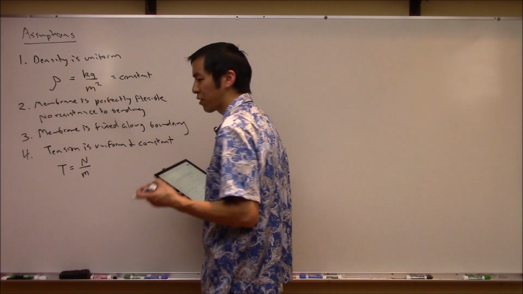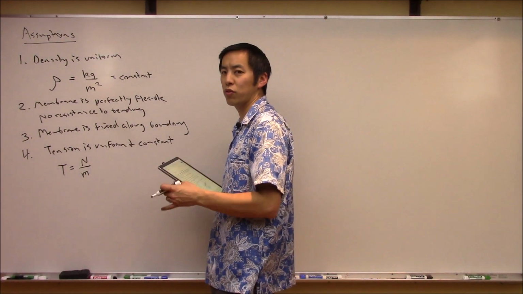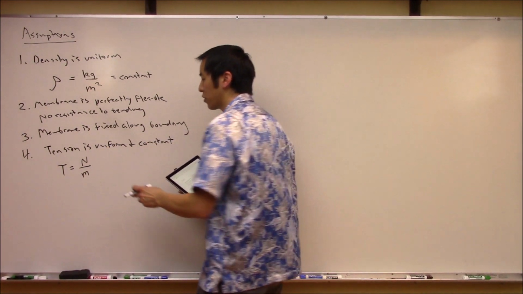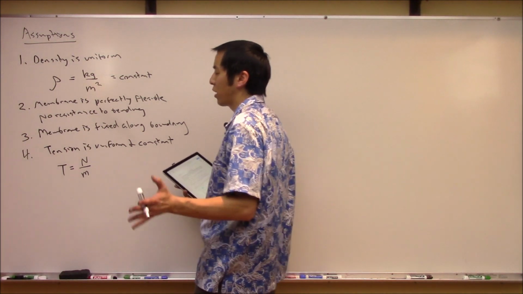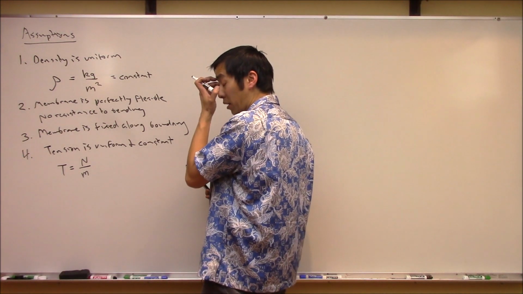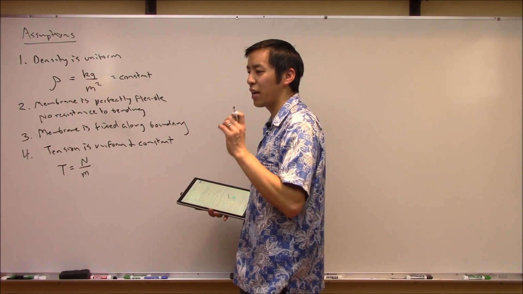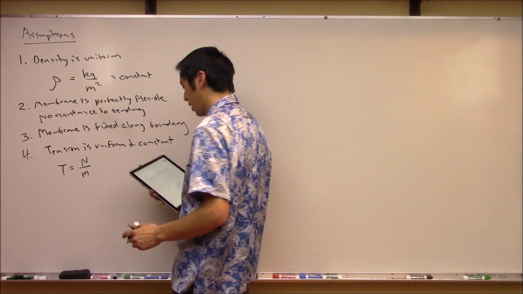Again, this is not like a single string where there's definitely a clear single value of tension throughout the string, right? This is now a membrane where the tension is spread out over the entire surface. So to make the units and the math a little bit easier, let's just conceptualize tension as force per unit length here. And we're going to say that it's the same everywhere and it doesn't change, even if the membrane is vibrating up and down here, it's going to basically be the same tension everywhere.